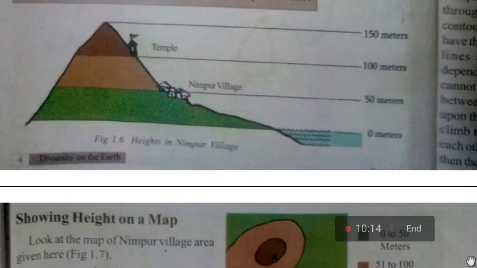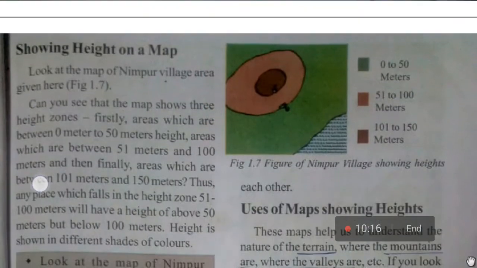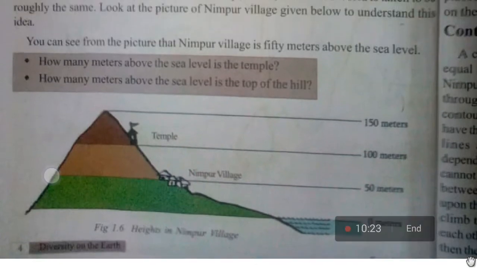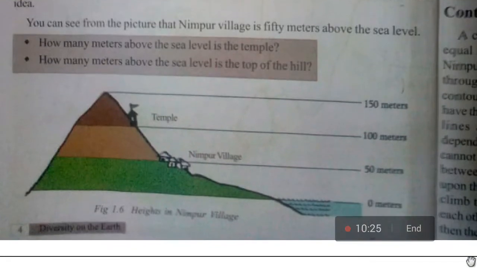This is the height of the Nimpur village. So through using the sea level, we can calculate how high any place is on the landforms.